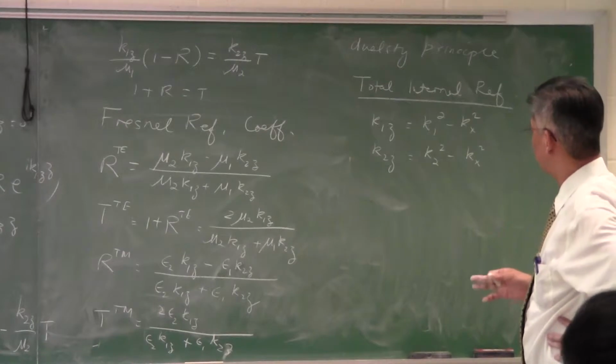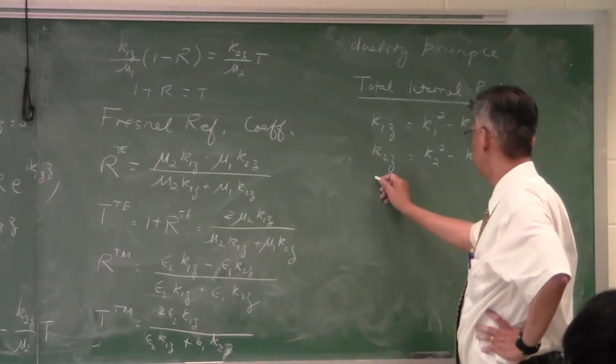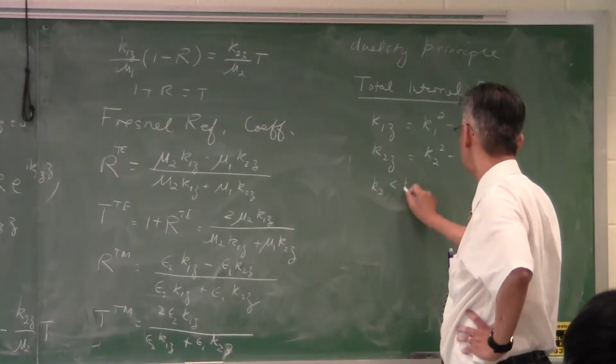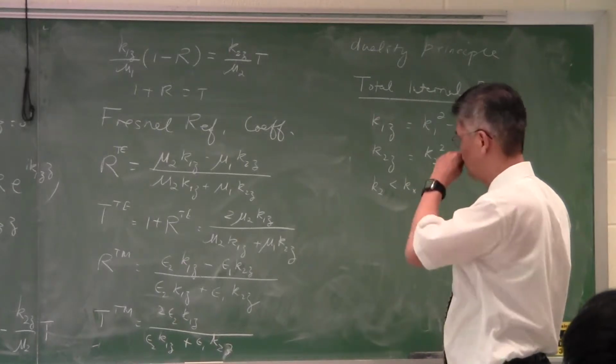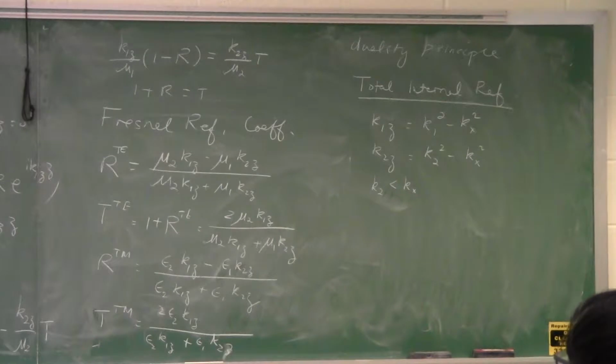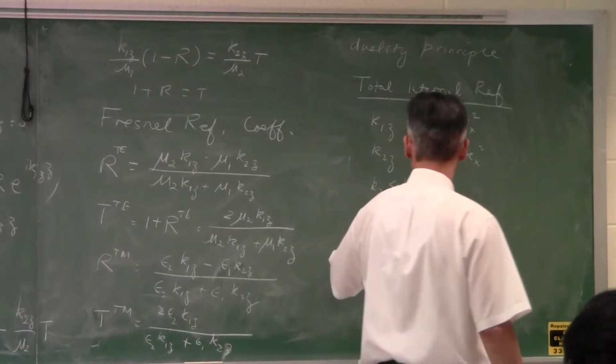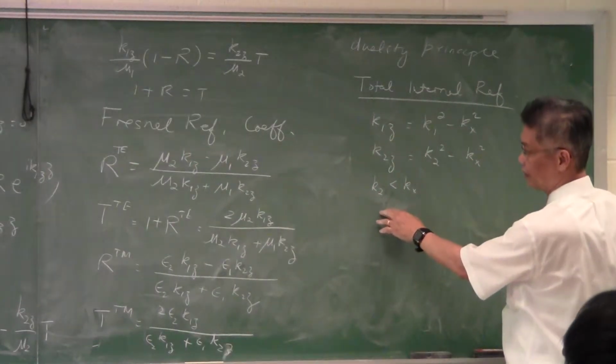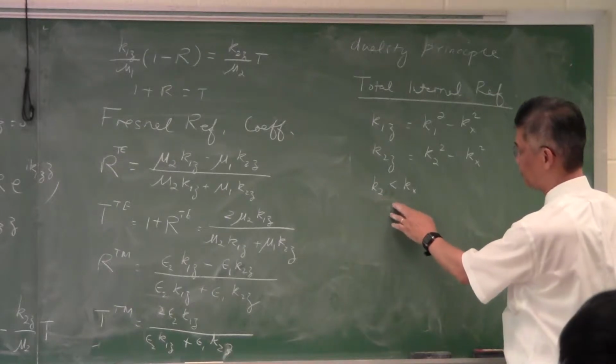And there could be an occasion where k2 is less than kx. You can set up an incident wave so that this k vector has a kx component as well as a kz component. But then its kx component can be larger than the wave number of region 2.